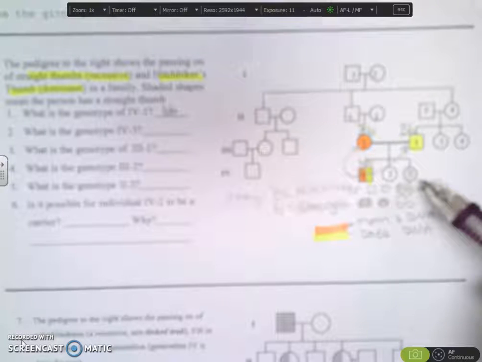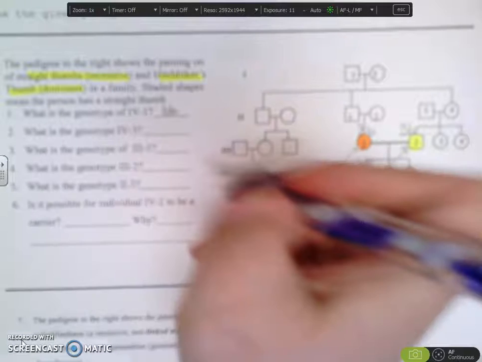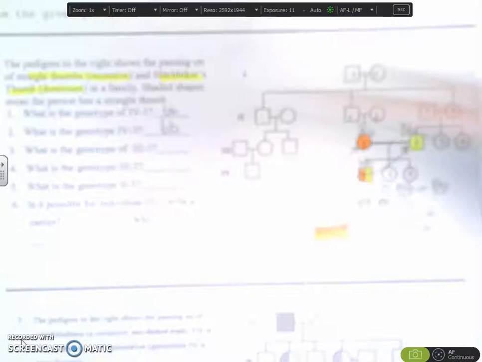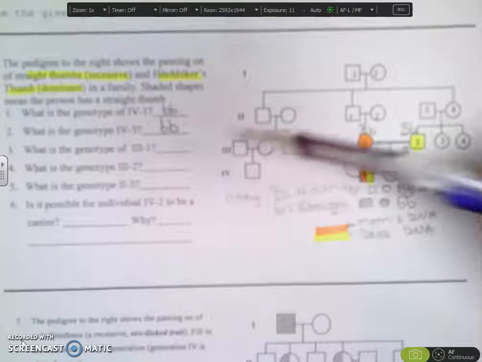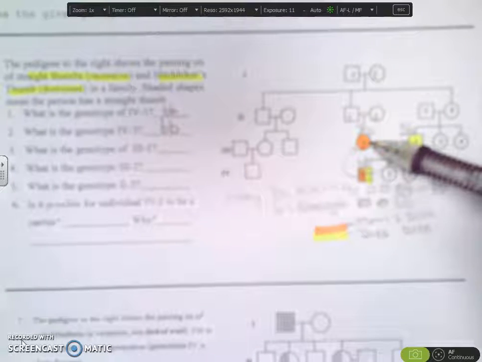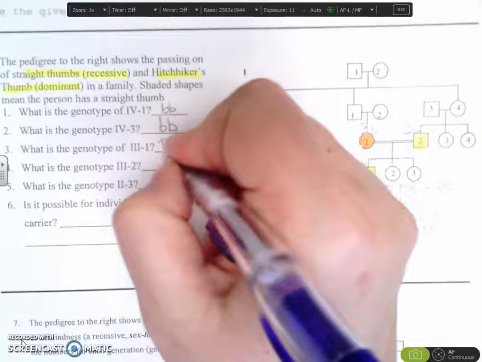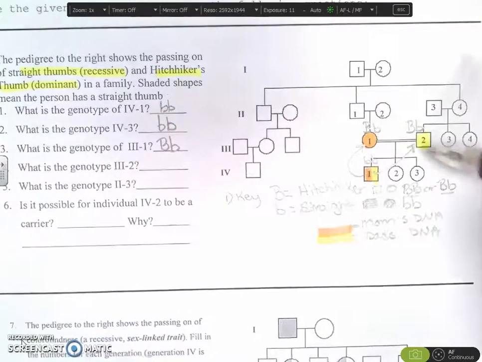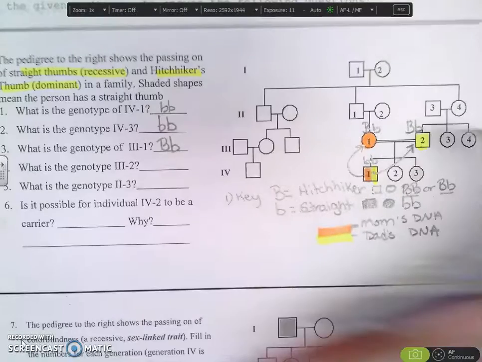Is it shaded in? Okay. What is the genotype of Generation 3, Subject 1? Heterozygous. What about Subject 2? Same thing.